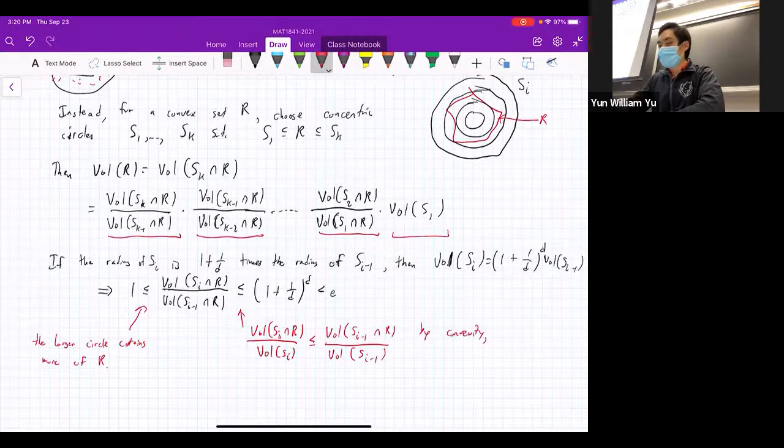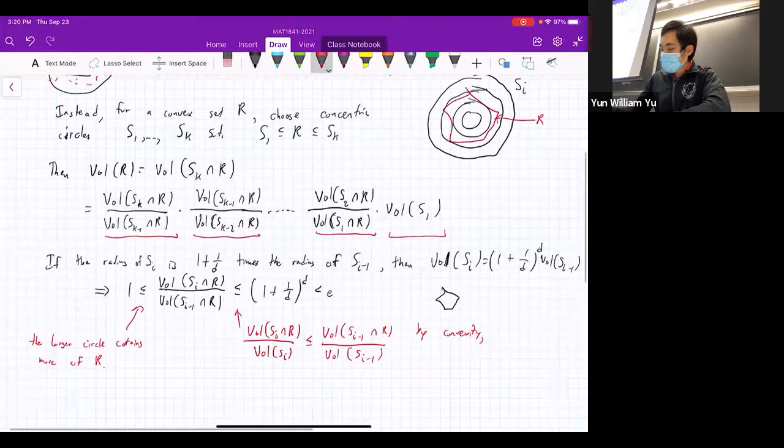One way to see this, which isn't quite foolproof, is if you have an object inside some circle, as the circle gets bigger, think about each of the rays going from the center of the circle out. Let's say, sorry, we need the center of the circles to be inside of our figure.